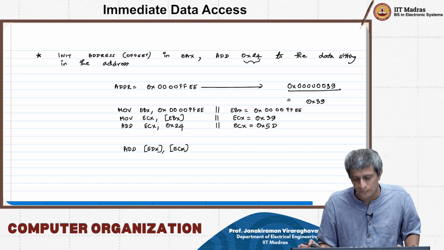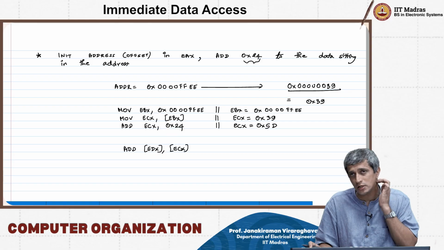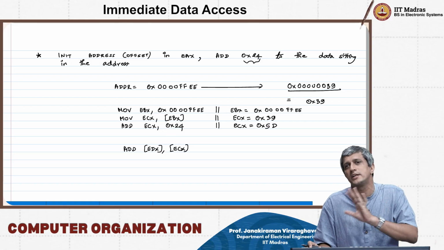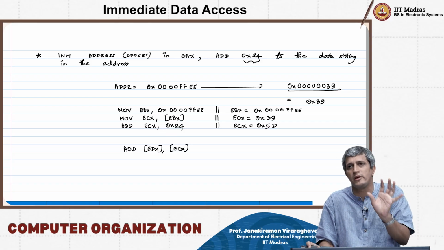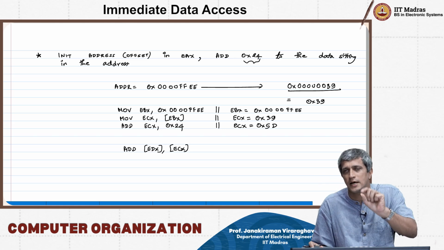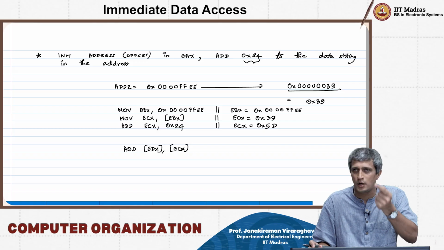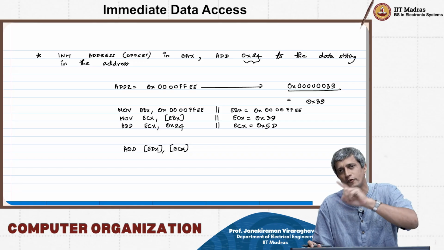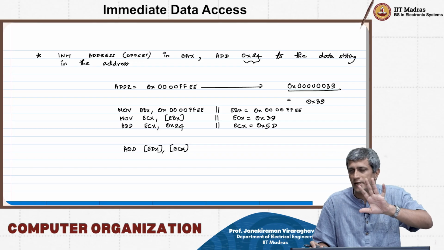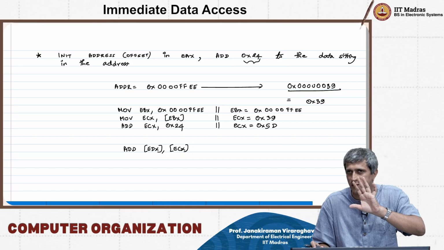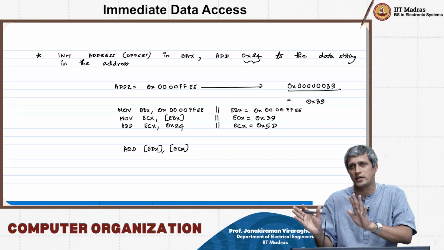This is not possible, and this is primarily because memories mostly are single port memories. You give one address, you can access one data at a given time. You want to access multiple data, then you need to do it across different clock cycles, and that is a different complexity.